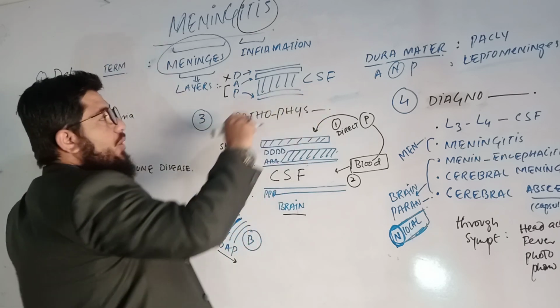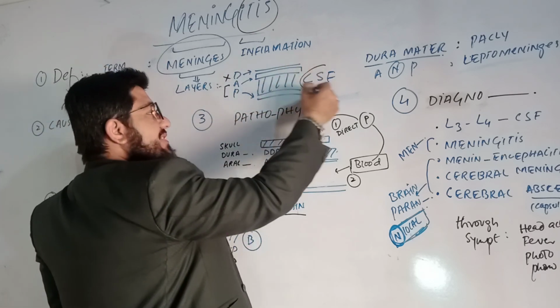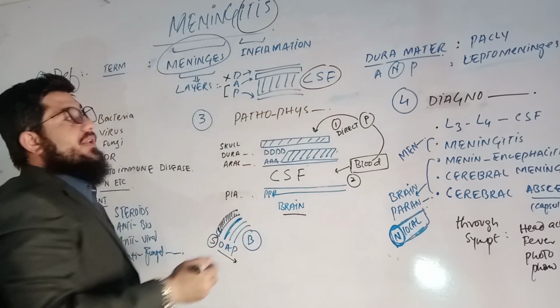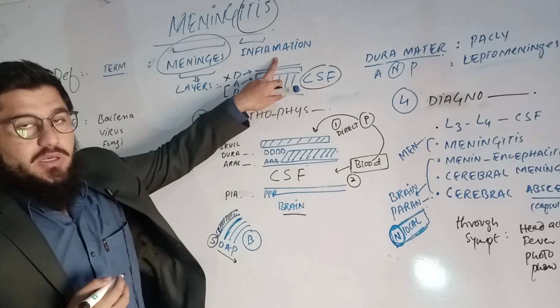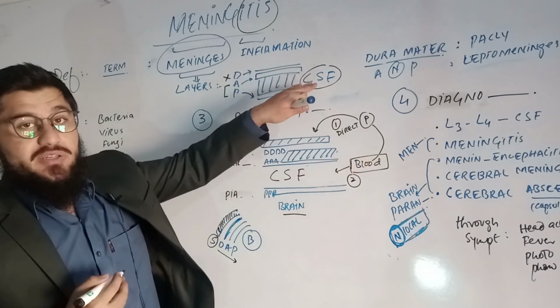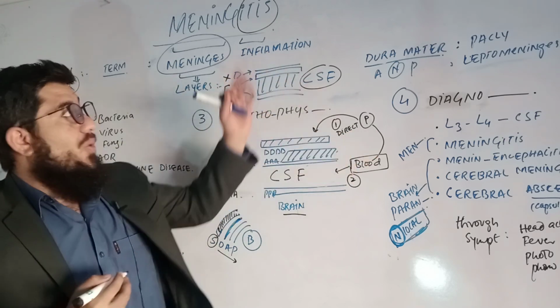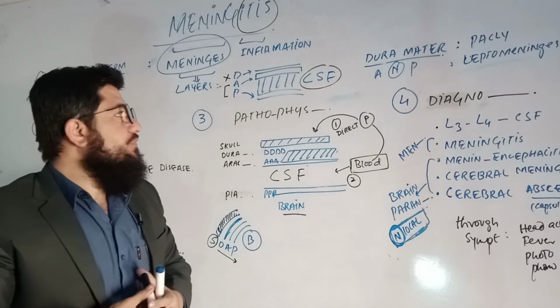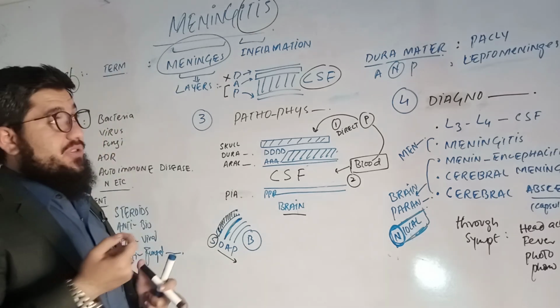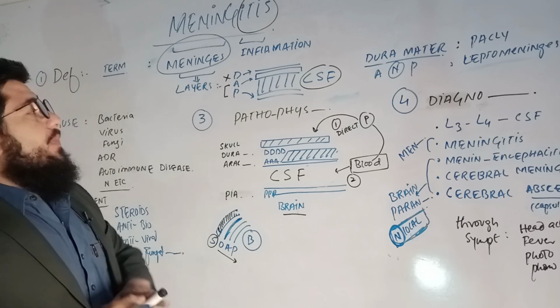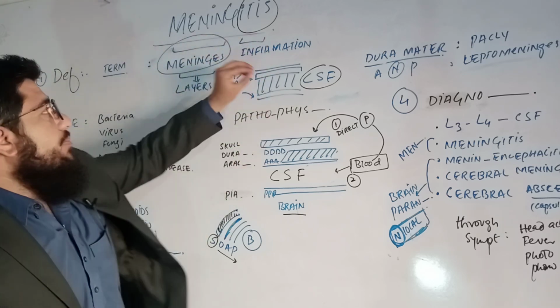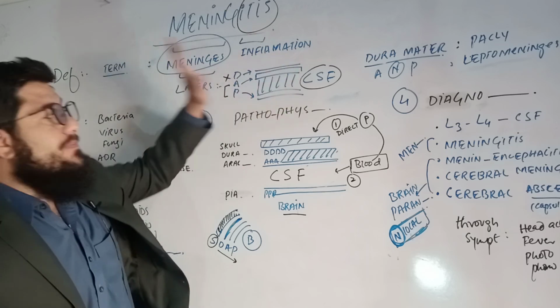The CSF is the main portion where inflammation will be observed. When we are diagnosing, we also go through CSF. Through CSF, we diagnose whether there is meningitis or not. One of the best diagnoses is going through the CSF, cerebrospinal fluid. So we got the definition and the main site of meningitis.